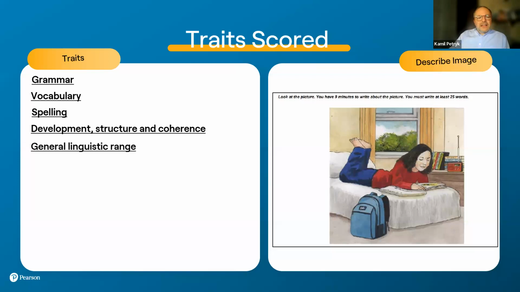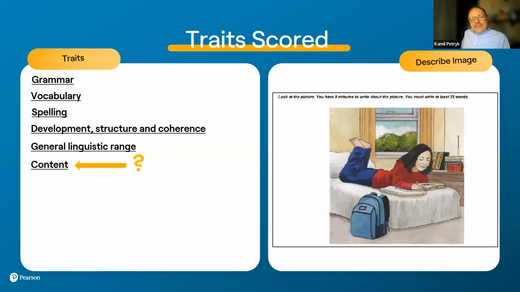And general linguistic range and content. And here I will stop for a moment. Content. What do you think? What will be the content that is tested, right? What aspects of content will be assessed here? So if you could share in your chat box what you think, what aspects, what content focuses on here.